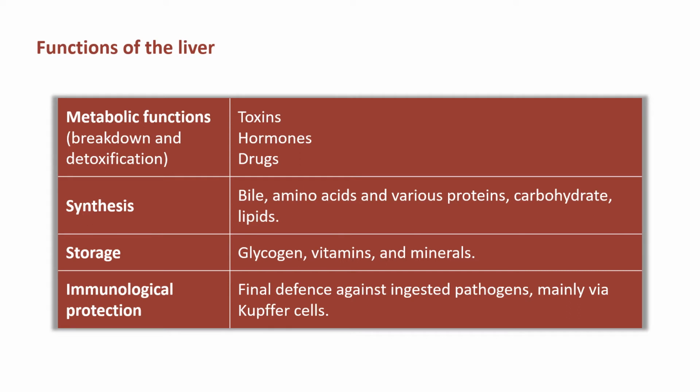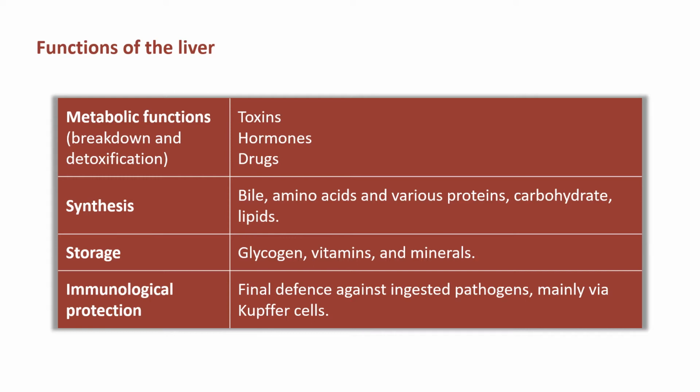So again, some of this was covered in perhaps even more detail in the handout on anatomy and physiology of the liver. But just to summarise it, and just in case you didn't read that, please do read it immediately after this video. But we can summarise the functions of the liver in terms of metabolic functions, and this is about the breakdown or detoxification of things like toxins, hormones and drugs.